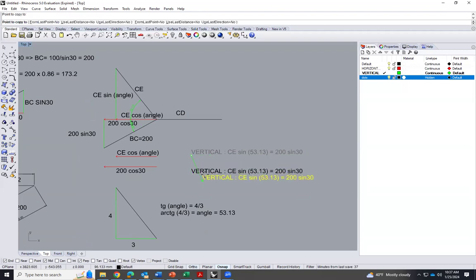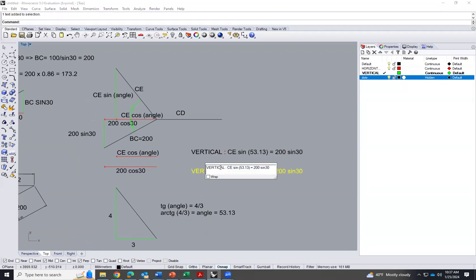Now the horizontal components or horizontal equilibrium is, we have two things going leftwards. CE cosine this angle. So this is CE cosine 53.13 plus 200 cosine 30.